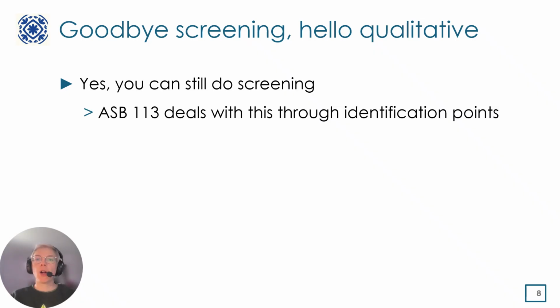ASB 113 already deals with this by giving a lower number of points to typical screening methods. ASB 036 second edition says, whatever its place in the workflow, all qualitative methods must be validated the same way. Its role in the workflow is irrelevant. So it's irrelevant as long as you use it to contribute points to the ID.